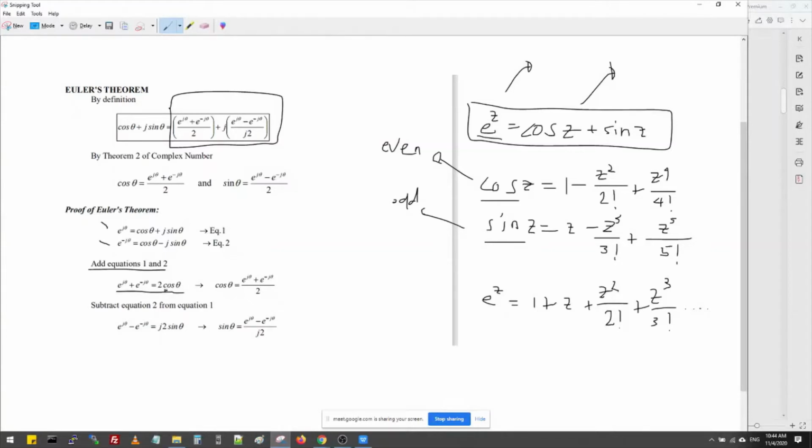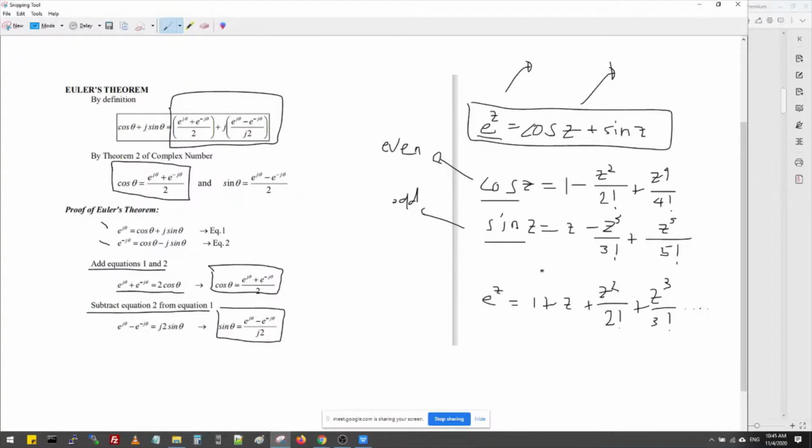Transposing, we get cosine theta equals e raised to j theta plus e raised to negative j theta over 2. With the same process, if we subtract equation 2 from equation 1, we get the sine. Of course, this is related to the Taylor and Maclaurin expansions. So that is Euler's theorem.